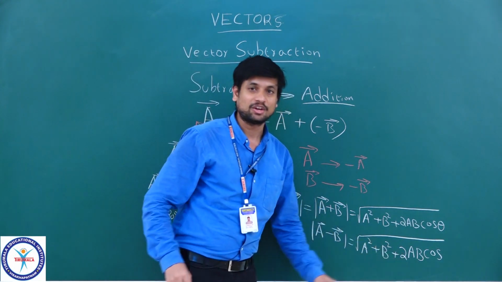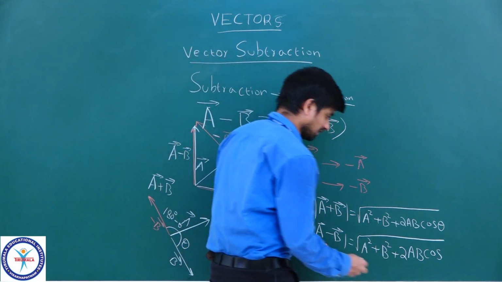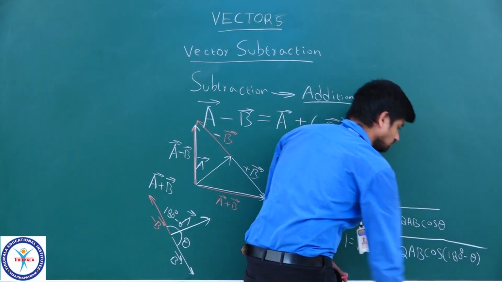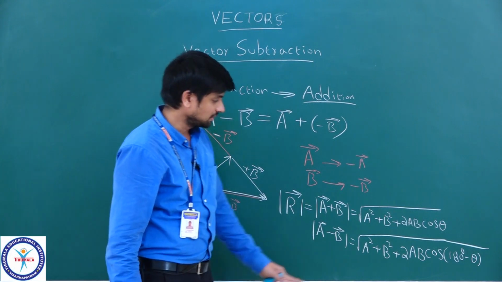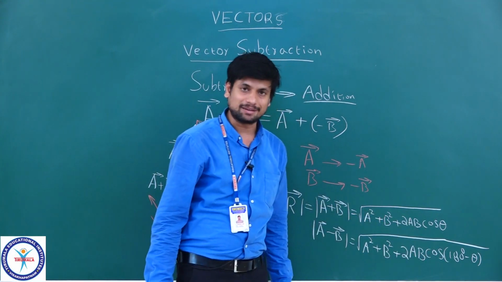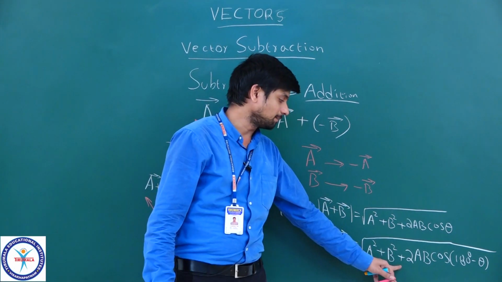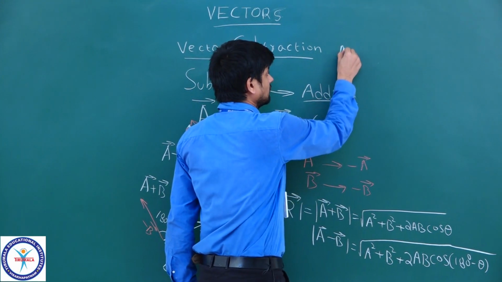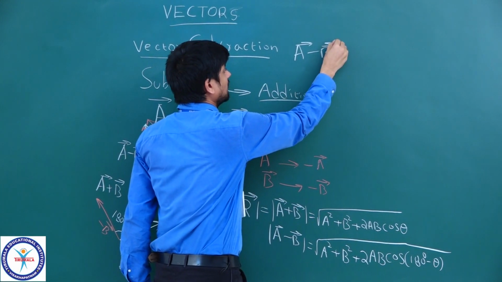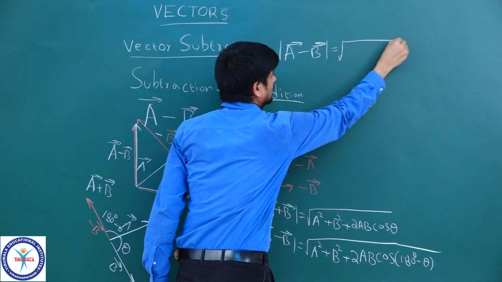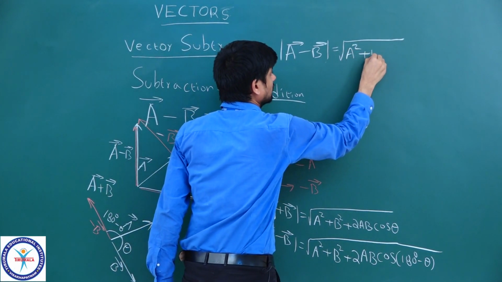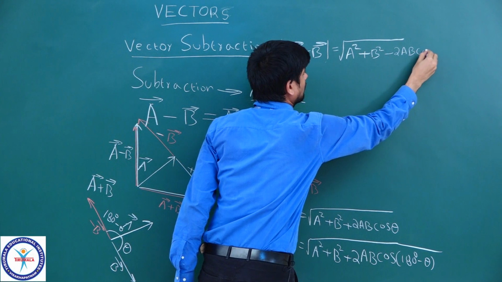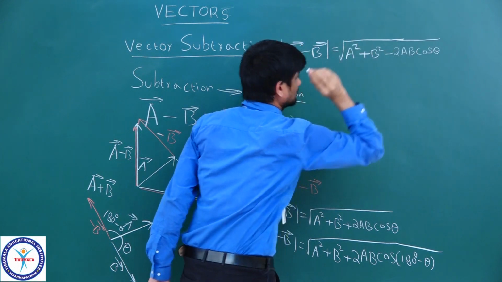So, I am writing here 180 minus theta. If you solve, you will get the answer. That means 2AB cos of 180 minus theta becomes, with the minus sign, minus 2AB cos theta. So A bar minus B bar reduces to root of A square plus B square minus 2AB cos theta. That's it.